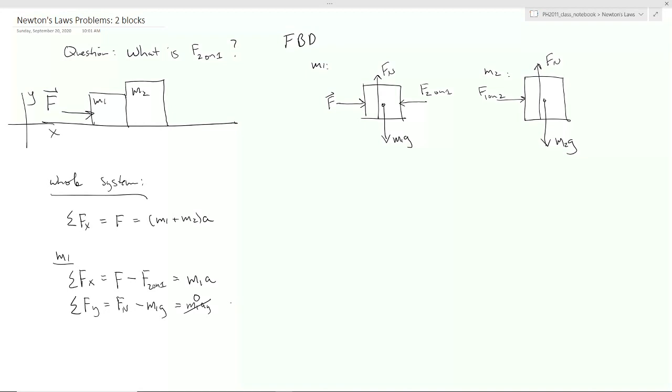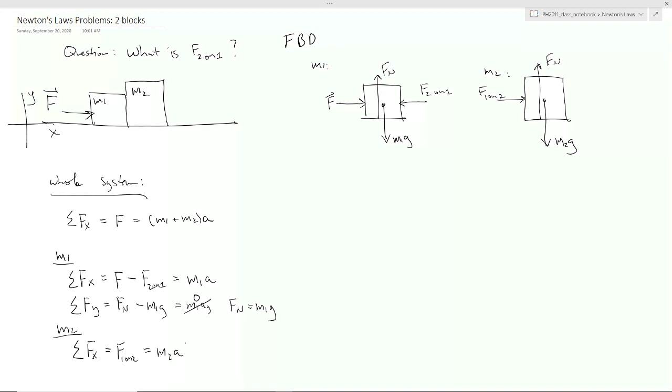So from this, you could make statements like the normal force is equal to the weight in this situation. But this is of less importance to the question of what the forces are in between these two blocks. But we'll have that there for you as an example on mass 1. And then let's look at the forces in x on our last block, M2. We would have F1 on 2, and that's going to equal mass 2 times the acceleration.